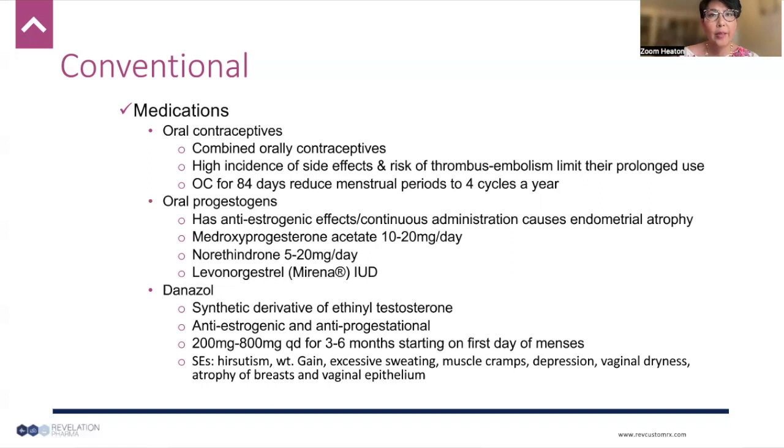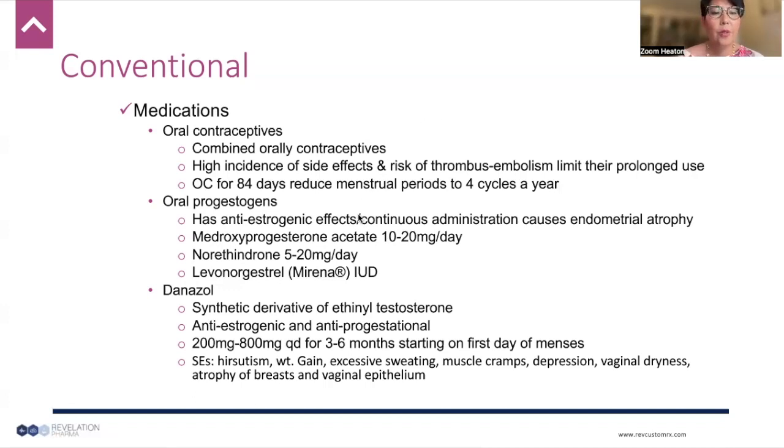And because of the dependence of endometriosis on the women's cyclic production of menstrual cycle hormones, provides the basis for medical therapy. So, combined oral contraceptives are generally used to suppress ovarian function, and your continuous non-cyclical forms of oral contraceptives basically help to avoid menstruation and associated pain. But there is a high incidence of side effects, and the risk of clotting limits their prolonged use.